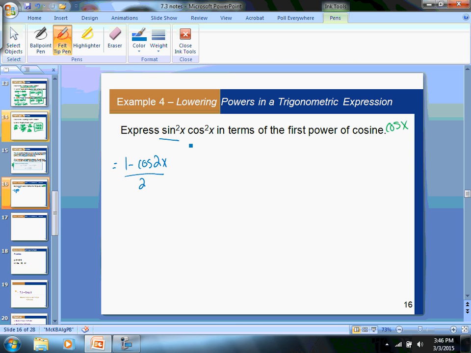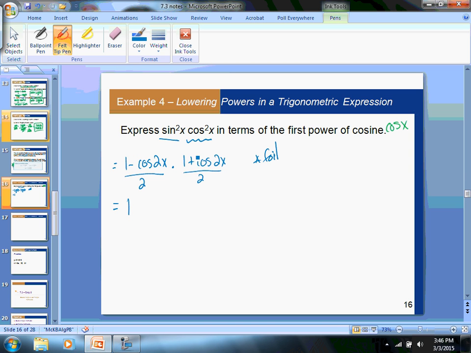And then the cosine squared x, I can rewrite that as well in terms of the cosine. That was 1 plus cosine 2x over 2. Now, I can multiply those out. So I'm basically going to FOIL in my numerator here. So 1 times 1 will be 1.